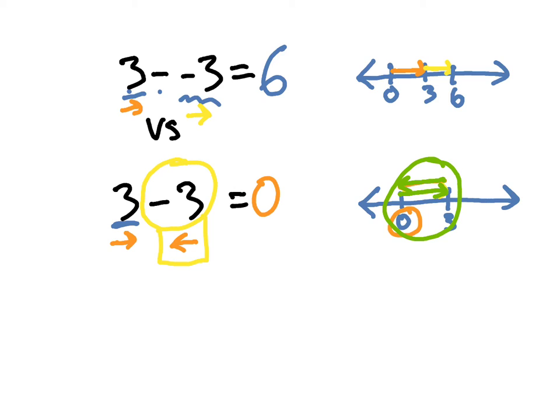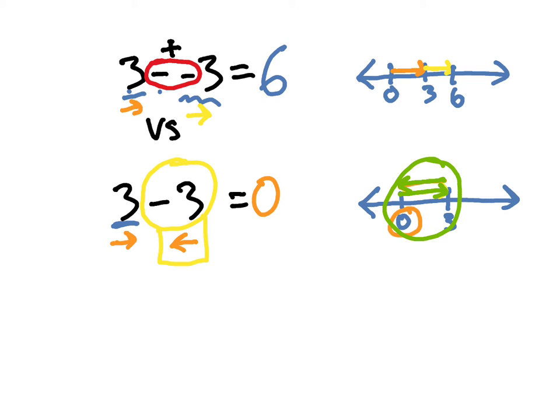And I want you to think about a shortcut. Anytime you see a minus sign followed by a negative sign, I want you to automatically understand that a minus sign and a negative sign change into a plus sign.